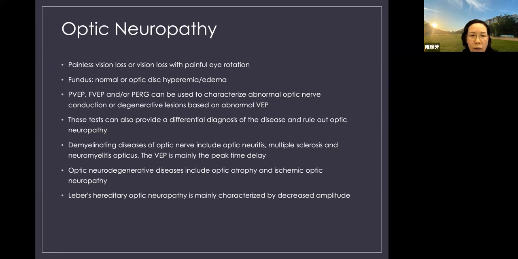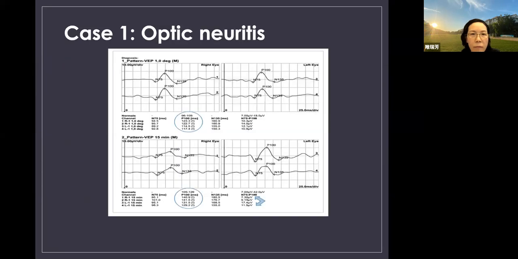We have different types of optic neuropathy. For example, it may be ischemic, or it may be a demyelinating disease. It also can be some hereditary disorder. Case one is optic neuropathy, optic neuritis.